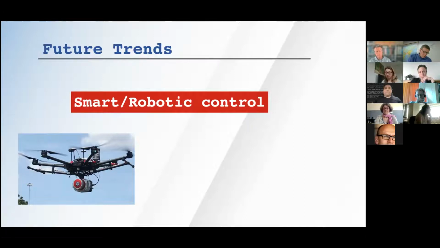A human can call the system, and the smart drone can respond, go there and collect some data. It's like a flying robot that plays the role of a police officer in accidents, for example.